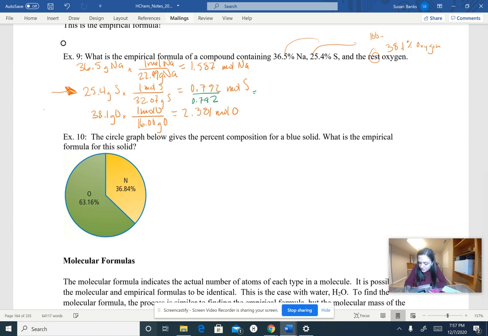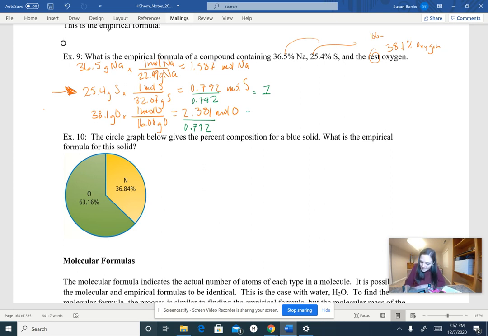Now, anything divided by itself will give me 1, right? So I will get 1 ratio for sulfur. Now, if I take 2.381 and divide by 0.792, I get 3.0066.